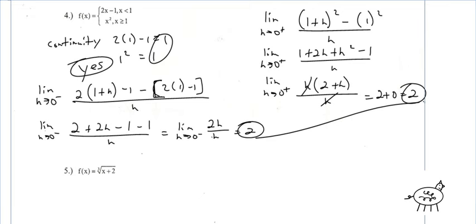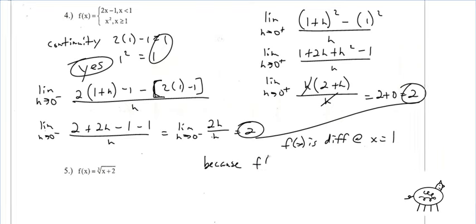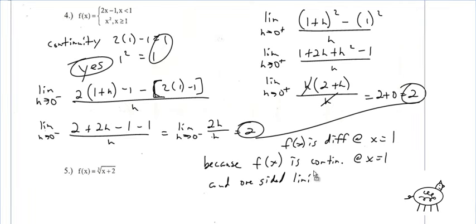So let's write that out here. f of x is differentiable at x equals 1 because f of x is continuous at x equals 1, and the one-sided limits or slopes are equal at x equals 1.